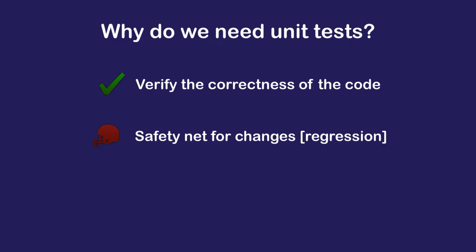The second one is a safety net or feedback mechanism for changes. Once the code is written, we may need to change it for various reasons, ranging from changing business requirements to simply fixing a bug in the code. When we want to change code, we need to be very careful to make sure we are not introducing any bugs or unintended side effects. The term used to refer to bugs or unintended side effects caused by code change is regression.